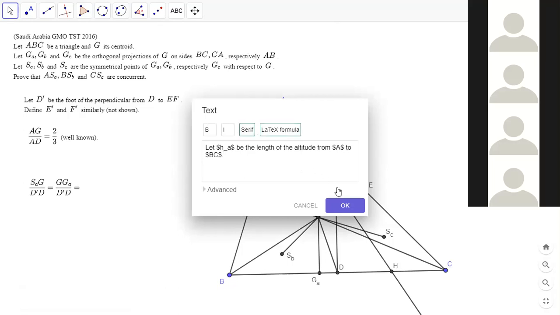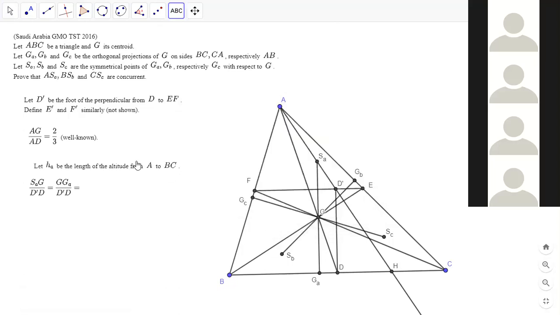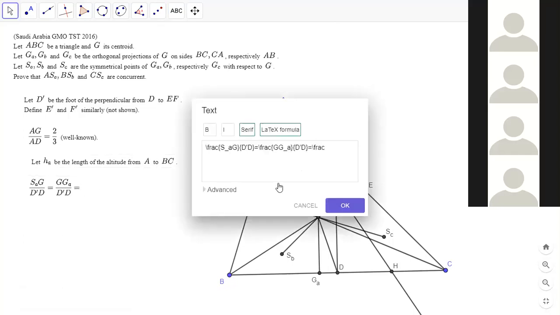So GG prime is going to be H_A over 3, and DD prime is H_A over 2. And so that's equal to 2/3.